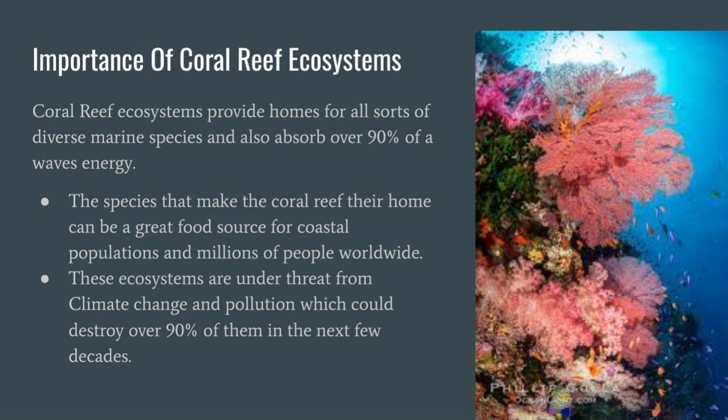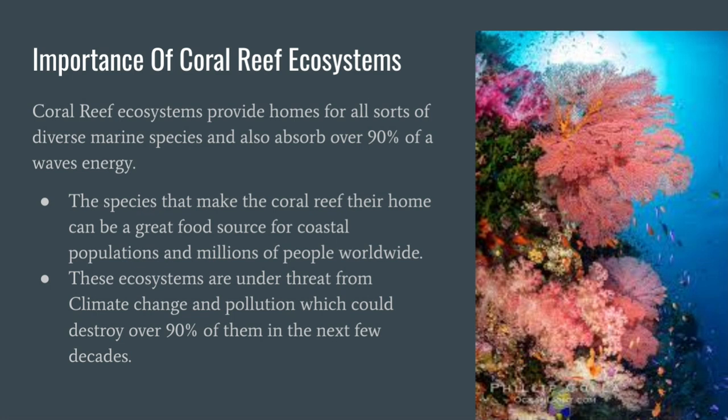The importance of coral reef ecosystems. So coral reef ecosystems provide homes for all sorts of diverse marine species, and they're home to a lot of beautiful fish. They absorb over 90% of a wave's energy, which helps sustain coastal land.